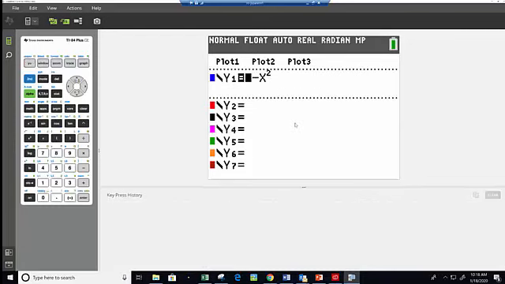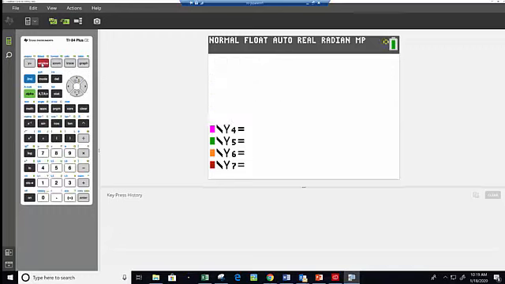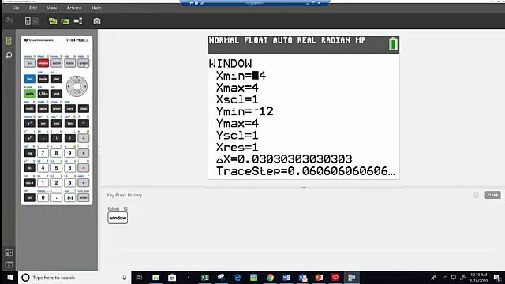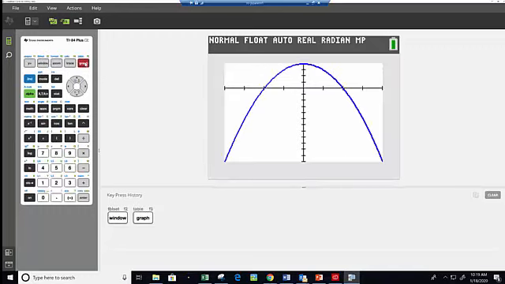The first way is to simply look at the graph. So here's a quick look at my window. The graph looks like this. The graph goes from negative to positive to negative. Well, we want to know where the function is positive, so that's here between negative 2 and 2.